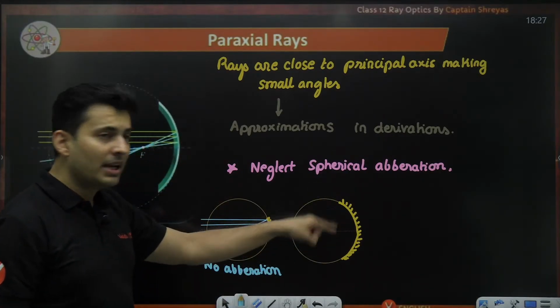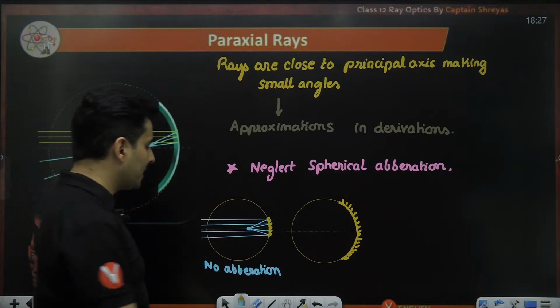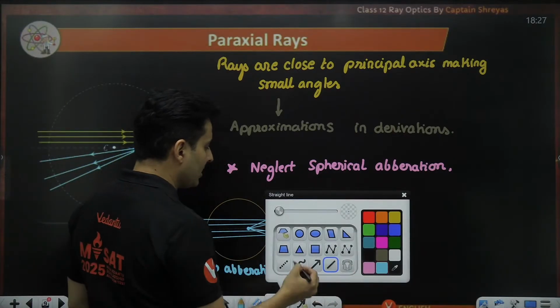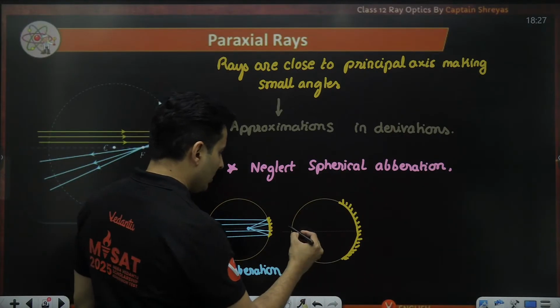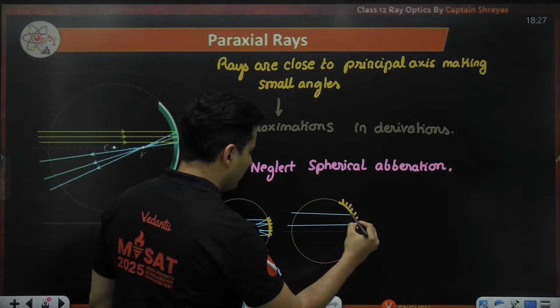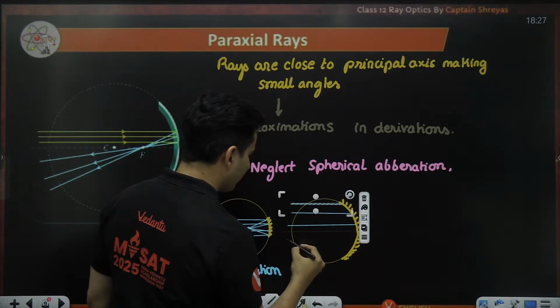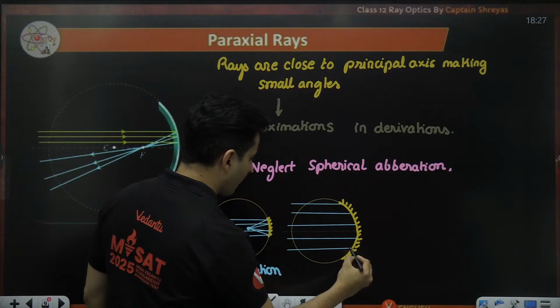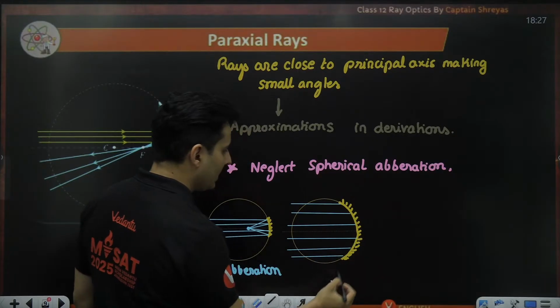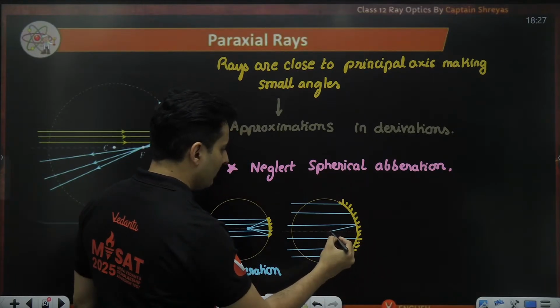But the moment you take a big mirror, the rays are no longer paraxial. This is what you are going to see. Let me just show a couple of rays over here, not more. You will probably see these rays will meet here, let's say.